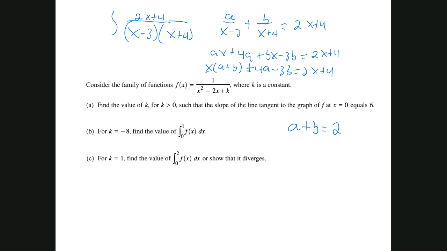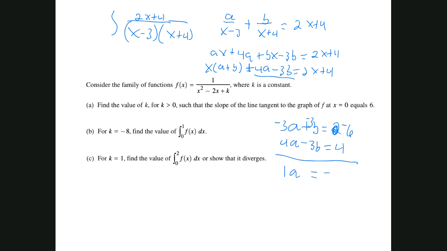And I also know that 4a - 3b is equal to 4. So far, so good? Now I use the addition method, so I just multiplied through by negative 3. Negative 3 times 2 is negative 6, right? So if I add straight down, I ended up with 1a is equal to negative 2.